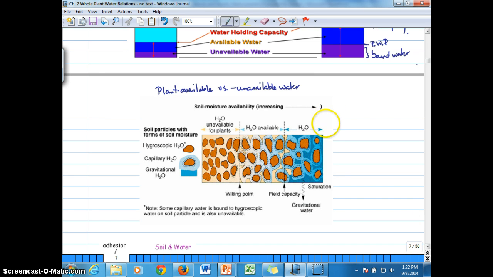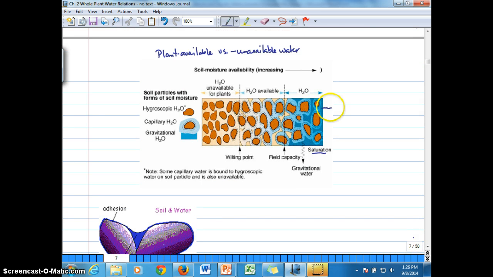This just shows us diagrammatically what saturated soils look like, where we have those individual soil particles completely saturated by the gravitational water as represented here, the darker blue in the figure. So all of this gravitational water is unavailable to plants. Want to make that really clear.